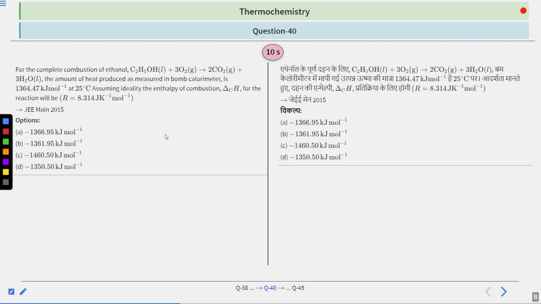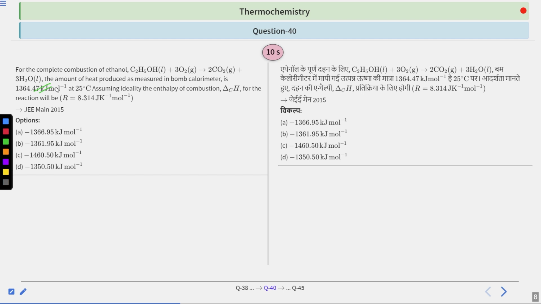So you are given a combustion reaction, and the amount of heat produced measured in the bomb calorimeter is also given. And you have to calculate the enthalpy of combustion.